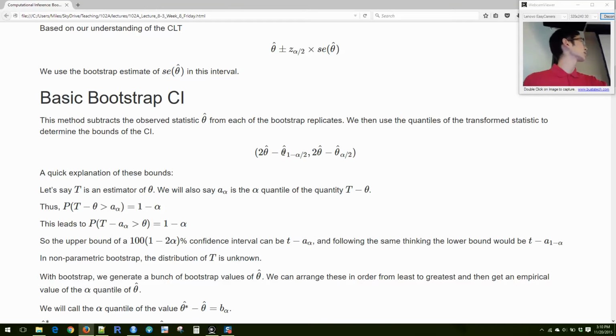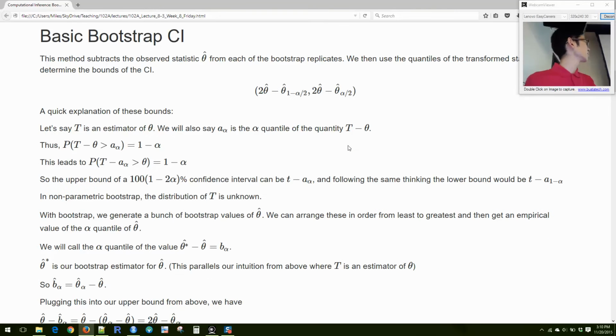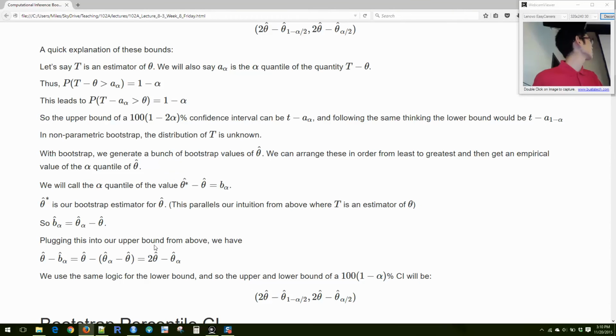So you're doubling the statistic, and then you're subtracting off, for a 95% confidence interval, the 97.5 percentile or quantile, and you're subtracting off the 2.5 quantile. Okay, so why is this? I've tried to explain it here. We'll see if it makes sense.